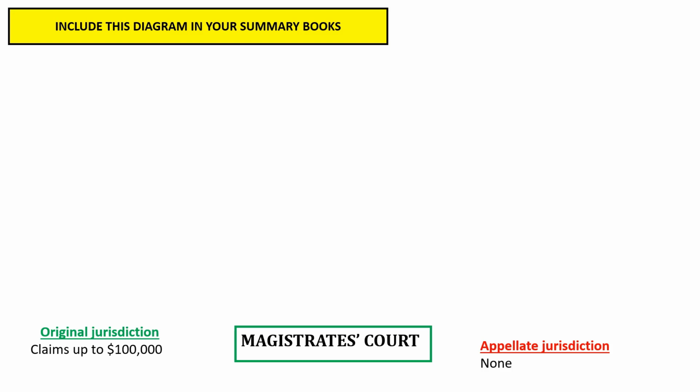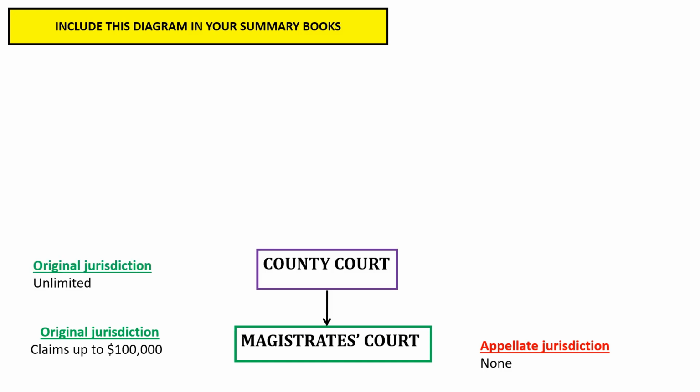There is no court below the Magistrates' Court from which appeals can be brought to the Magistrates' Court. Moving up the court hierarchy, we come to the County Court. The original jurisdiction of the County Court in civil disputes is unlimited. This means that the County Court can hear civil disputes of any amount, that is, where the amount that's in dispute is anywhere from $0 right up to millions and millions of dollars.